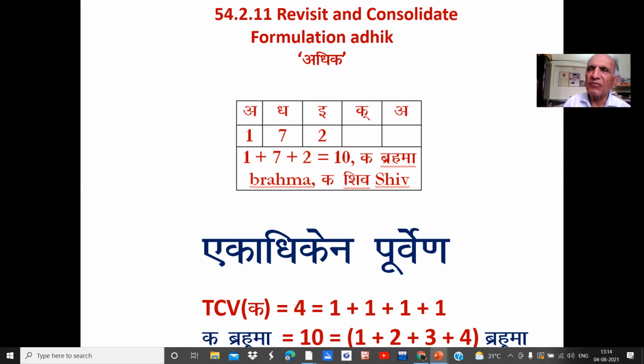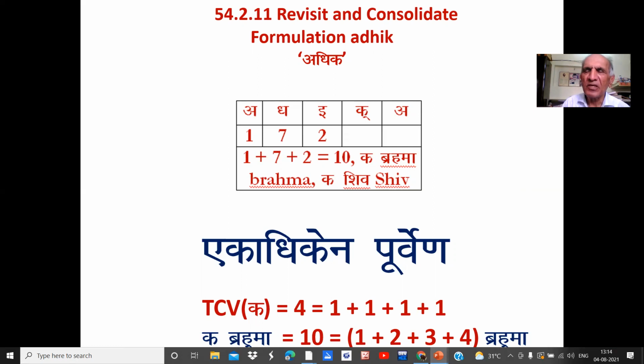As such, it will also help us appreciate why, while we are chasing the formulation Ekadhikena, the reason and basis for association of value 4 for letter Ka instead of 1 is that a composed formulation such as Ekadhikena is in fact of the phase and stage of Ka Brahma.